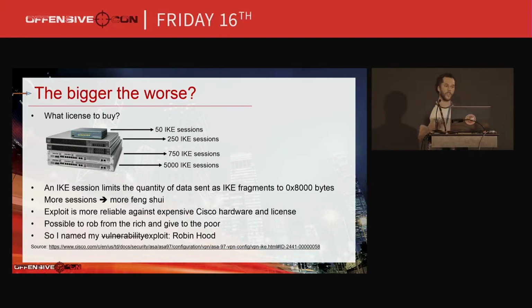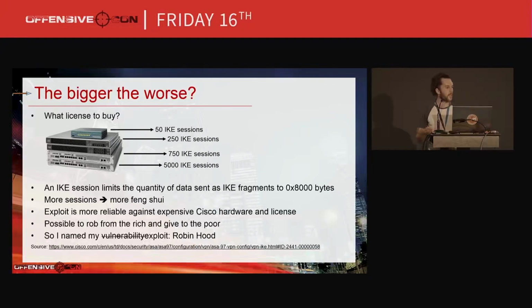If you want to massage the heap, it's a constraint because you cannot send as many packets as you want. But if you have a more expensive device, you're going to be able to create more sessions. Why can you only send fewer packets? Because I'm going to leverage IKE fragmentation, and with IKE fragmentation you have a limit of 8,000 bytes per session.